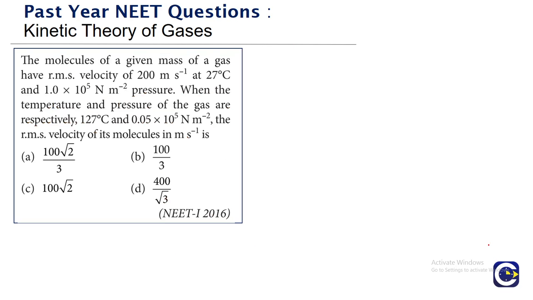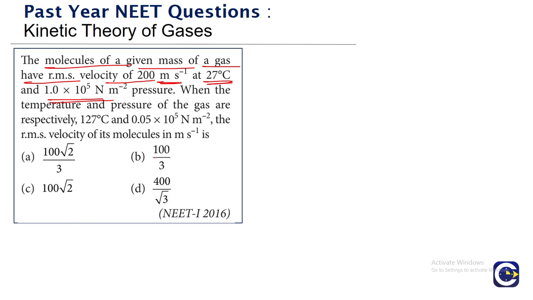We'll move on to the question that has come in NEET paper 1 of 2016. This is again a question based on gas velocities. The molecules of a given mass of a gas have an RMS velocity of 200 meter per second at 27 degrees Celsius and 1 into 10 power 5 Newton per meter square pressure.